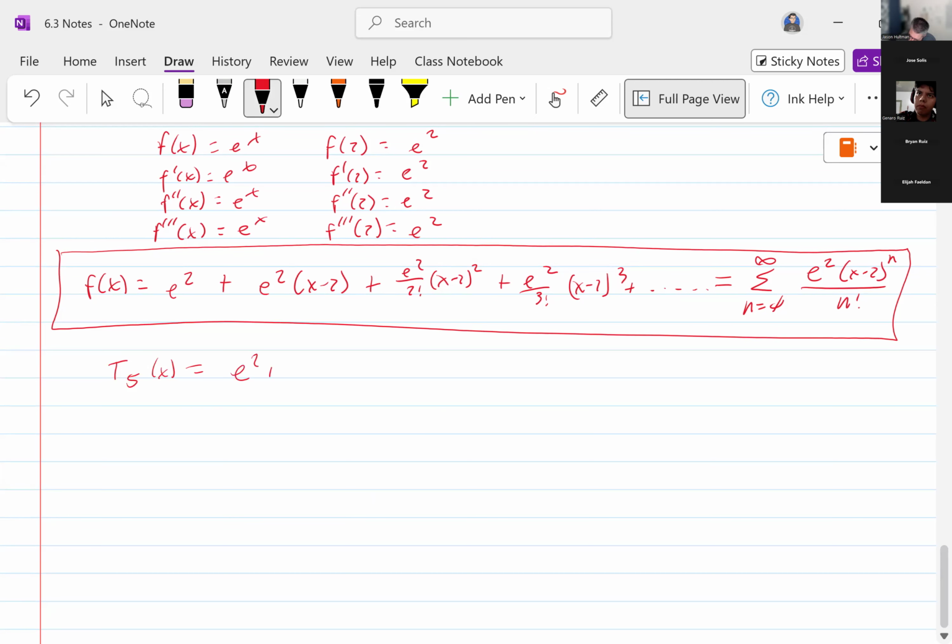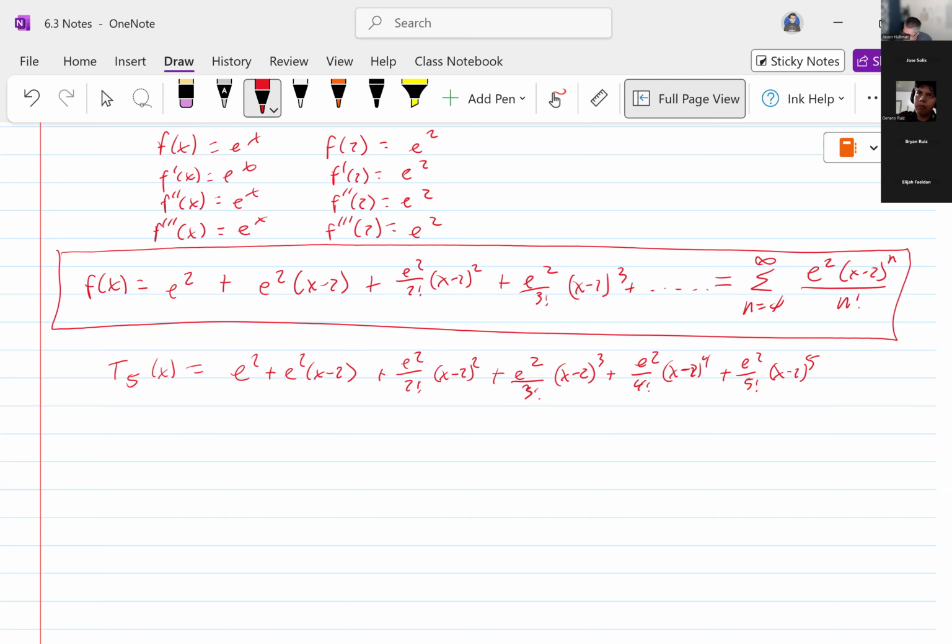That's going to give me e squared plus e squared x minus 2 plus e squared over 2 factorial x minus 2 squared plus e squared over 3 factorial x minus 2 cubed plus e squared over 4 factorial x minus 2 to the fourth plus e squared over 5 factorial x minus 2 to the fifth. And that's it. We can stop there because we've hit our fifth power. Okay, t sub 5 actually has 6 terms.